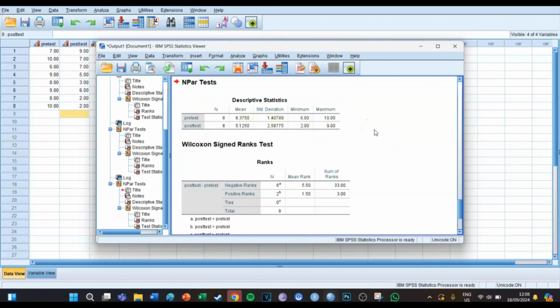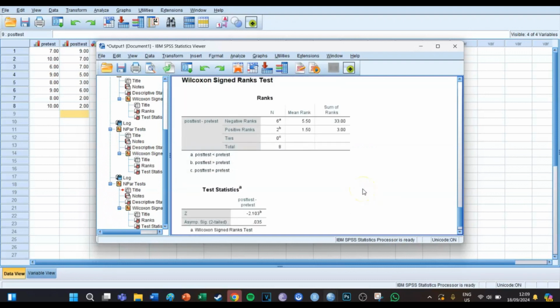And then we take a look at the ranks, and we can see that there were 6 negative ranks, which had a mean of 5.5, so it's really high. While the positive ranks, so for the 2 respondents which had an increase in depressive symptoms, the mean rank was only 1.5. So there is a big difference between the positive ranks and the negative ranks.